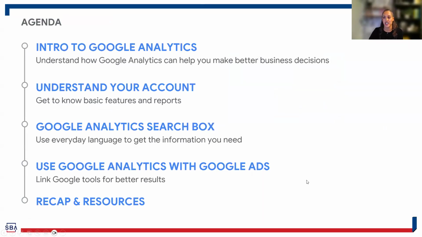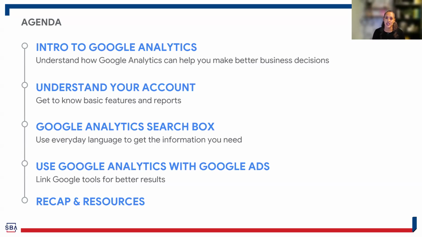So we're just going to go over the agenda. We're going to talk about the intro to Google Analytics, and this is just understanding how this platform can help you make these decisions, getting into your account and understanding what all of these buttons look like and what they mean, some of the features and how to do some basic reporting, how to use the Google Analytics search box. This is a new tool that they have updated. For those of you who have used Google Analytics for a while, which previously was called Universal Analytics, now it's GA4.